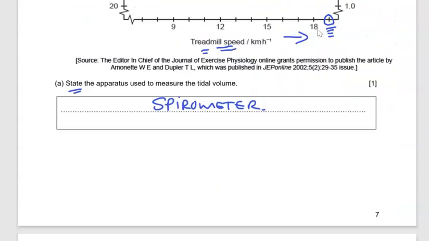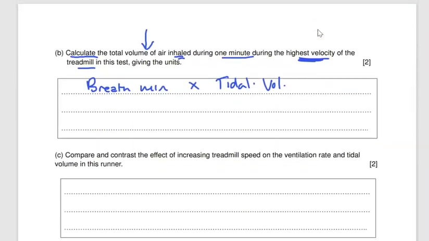So let's go back to our number of breaths per minute and tidal volume. We need to put those into the calculation. The tidal volume will go in at 2.48 and the number of breaths will go in at 75.